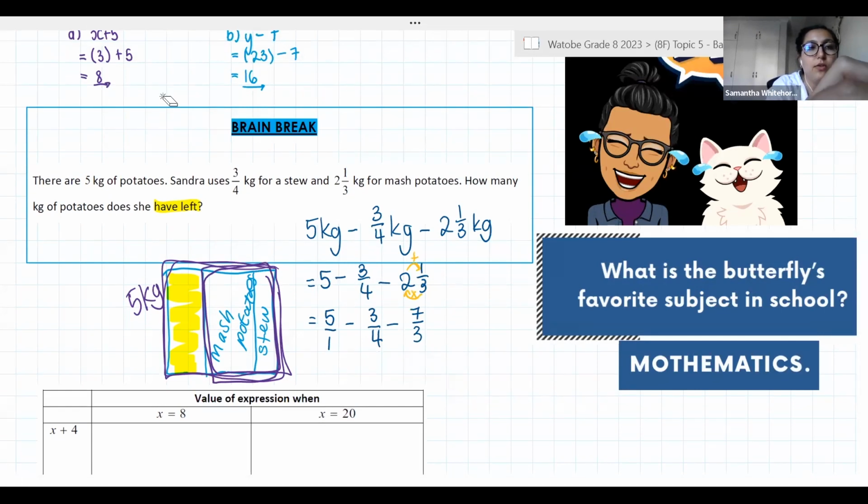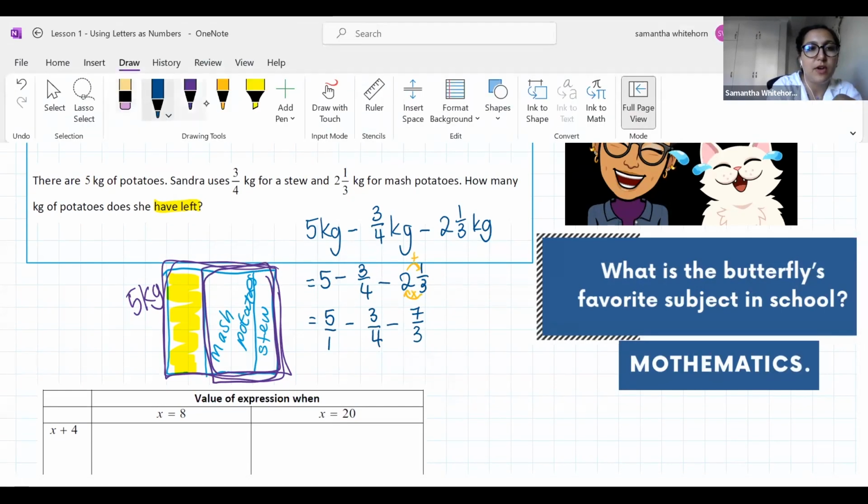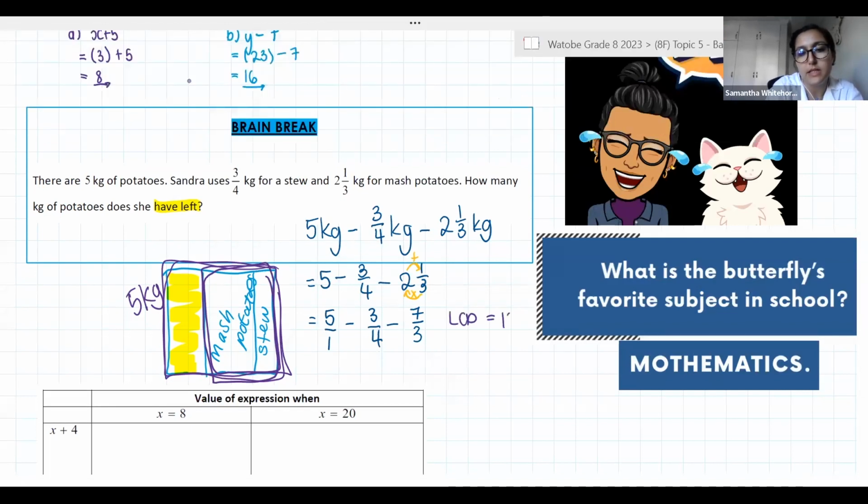Now we know that when we are adding or subtracting fractions, we have to find an LCD. My LCD here is 12. So I would multiply the 5/1 by 12/12, the 3/4 by 3/3, and the 7/3 by 4/4, and that's creating an LCD for me.